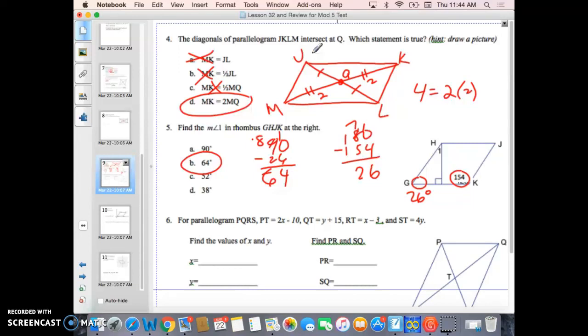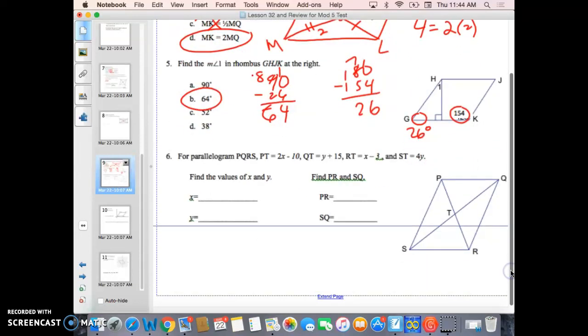All right, for this parallelogram over here, I've got to label in what I know. So I know that PT, this part right here, is 2x minus 10. And QT, I'm going to use a different color for this one. QT is y plus 15. And then ST is 4y.